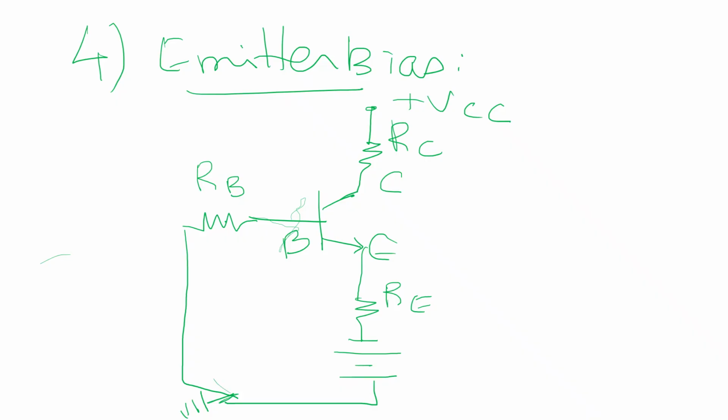The VCC supplies current IC, IB flows into the base, and IE flows along with the component VBE. So this is the emitter bias circuit. The emitter terminal has been biased along with the biasing voltage of VCC connected to the collector terminal.